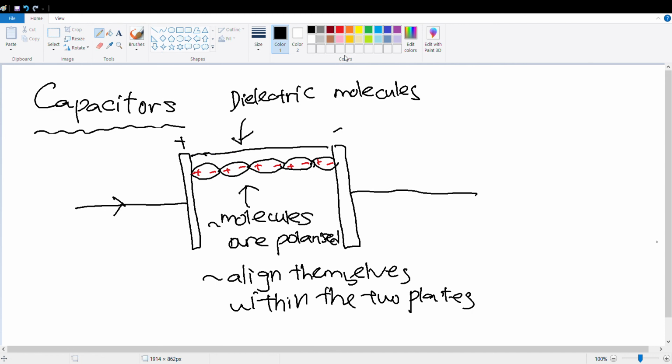This is actually the reverse electric field.